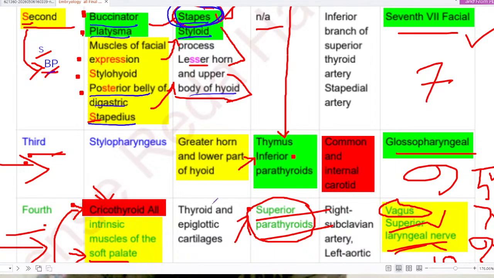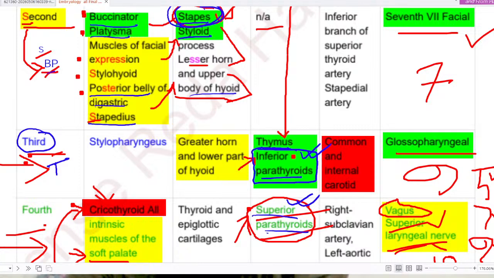Then the third, you can consider it like the third year of medical school. From the third arch, T for thymus, T for third: thymus and inferior parathyroid. This is important. This is an exam question. They give either superior parathyroid or inferior parathyroid. Inferior parathyroid develops from the third, and superior comes after this level, from the fourth.